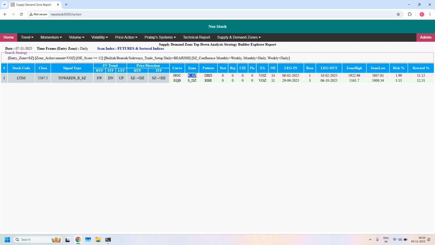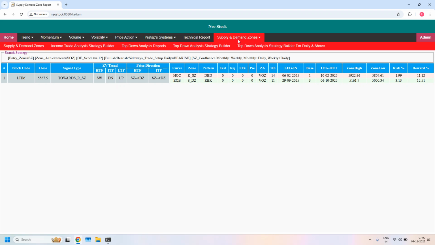So this daily supply zone overlapped with weekly supply zone, both together again overlapped with monthly supply zone. But monthly trend is sideways. Sideways trend EMA confluence does not give any advantage. So we did not identify any high probability trade setup zones based on the second strategy. So this is a monthly income trade bearish trade setup.